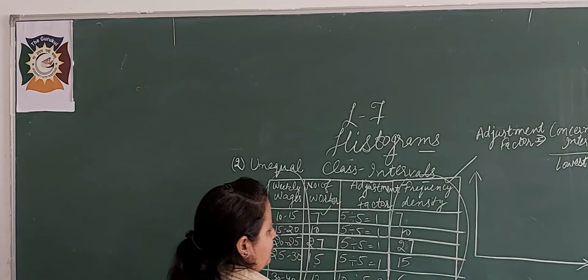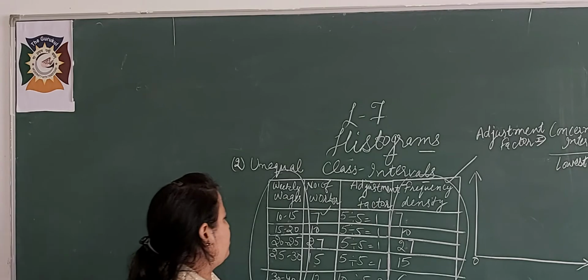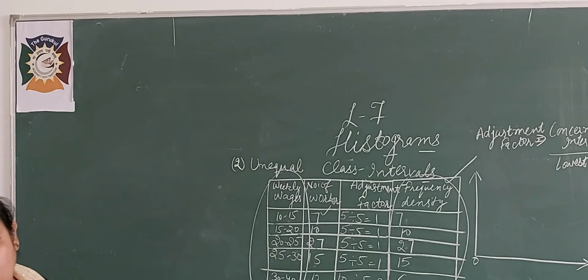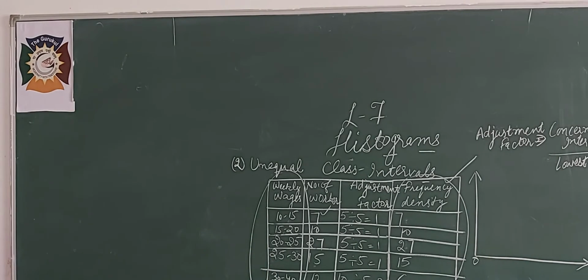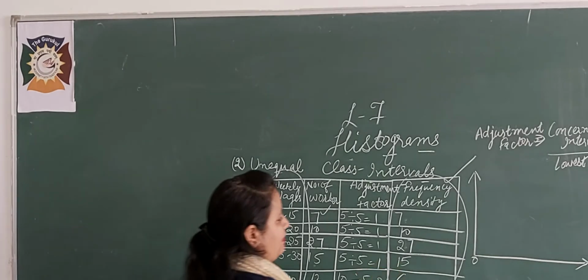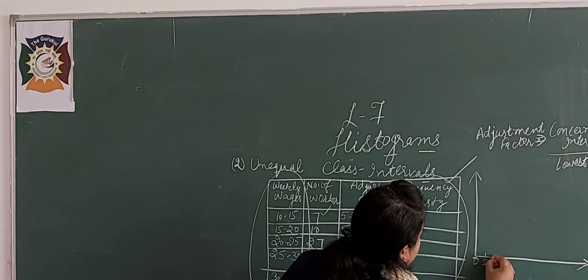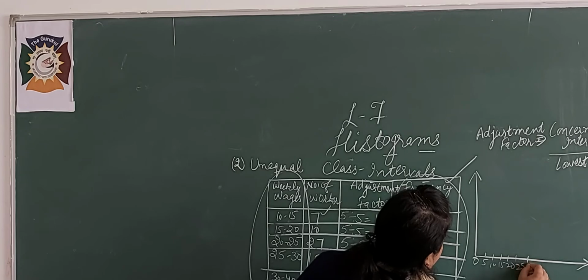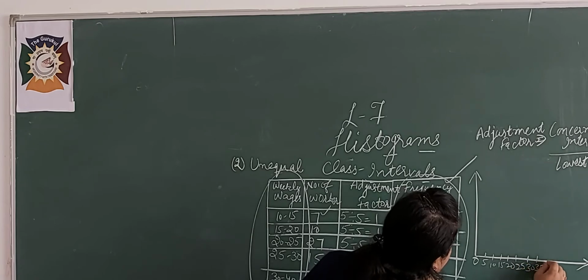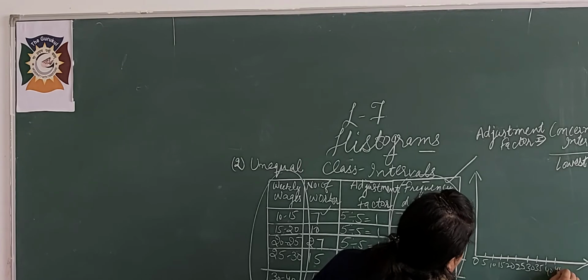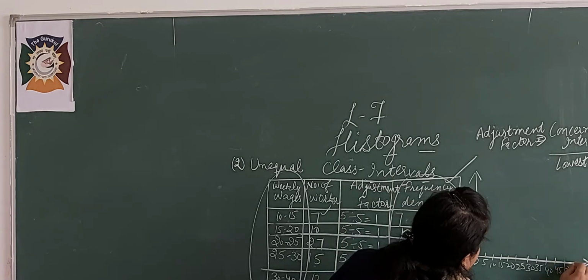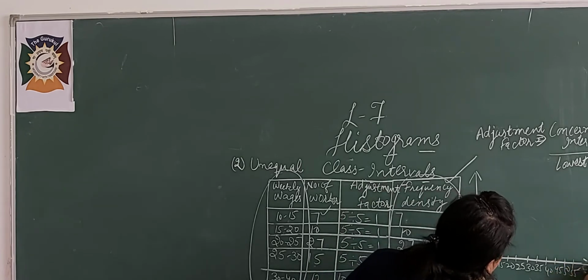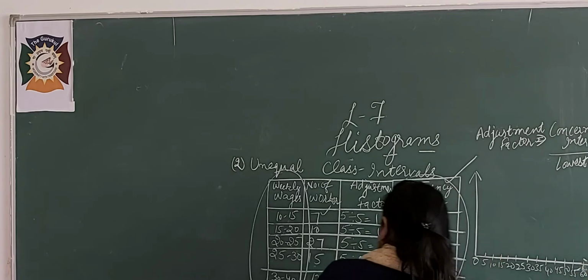I am taking weekly wages, which is going to start from 10, so I will take it accordingly. I am starting from 5: 5, 10, 15, 20, 25, 30, 35, 40, 45, 50, 55, 60, 65, 70, last is 80.